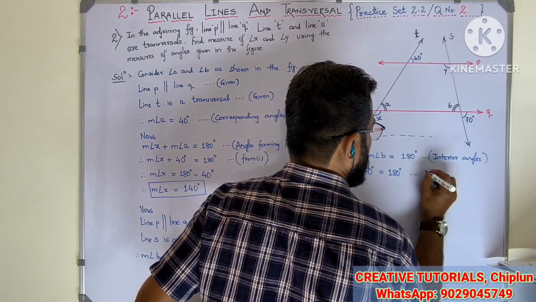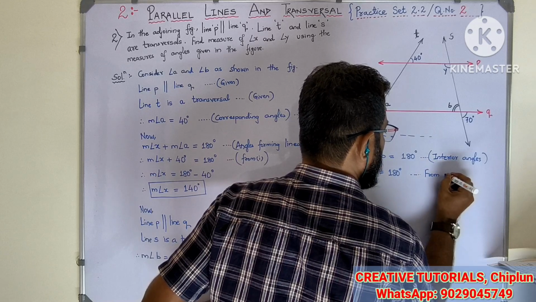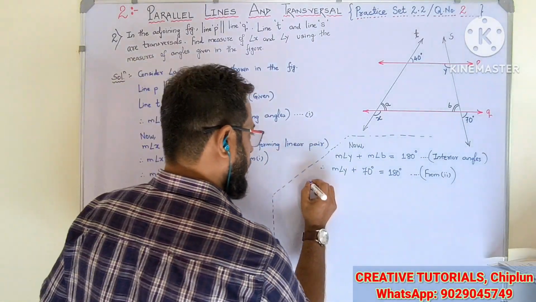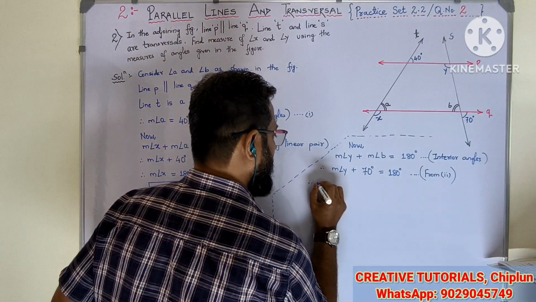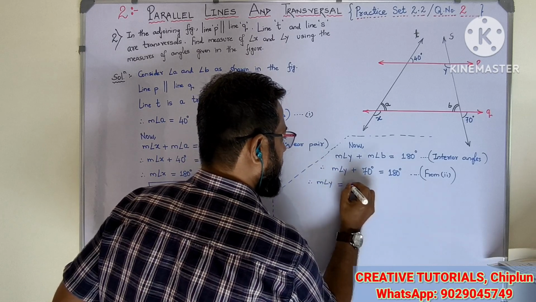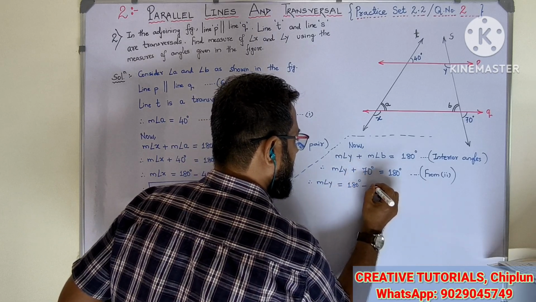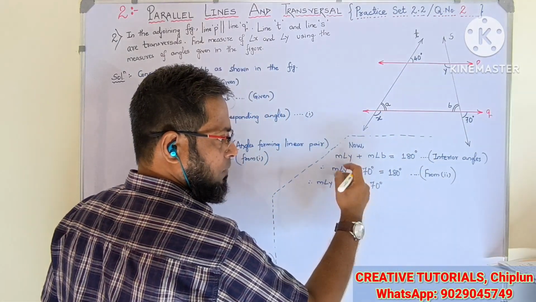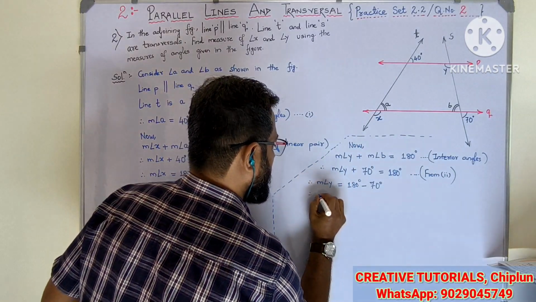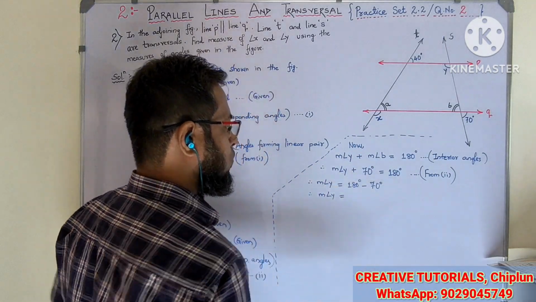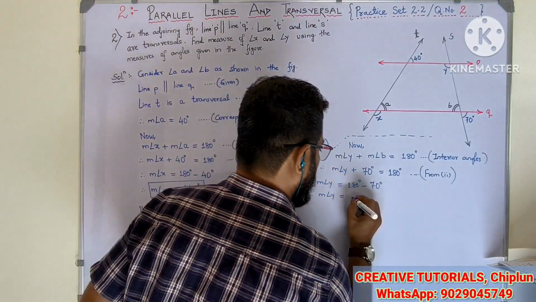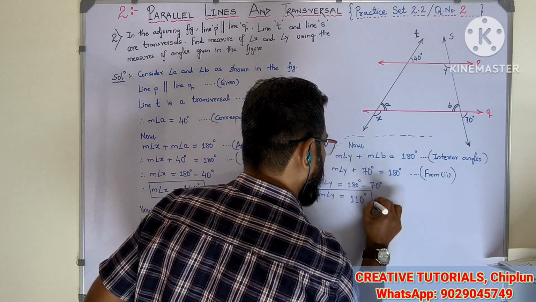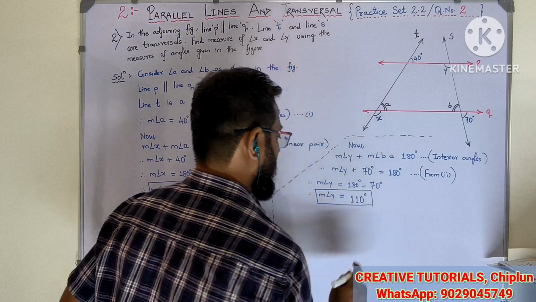So you can write the reason over here from statement number 2. Therefore measure angle Y is equal to 180 degrees minus 70 degrees. This 70 is going on the right hand side, so this plus will become minus. Therefore measure angle Y is equal to 180 minus 70 is 110, so 110 degrees, and that is our second answer they asked us to find.